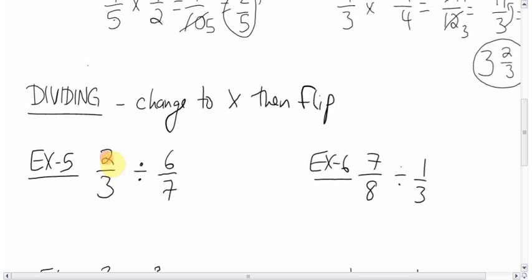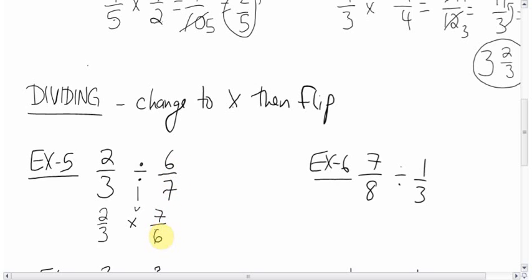Here's what you do. With dividing, you leave the first fraction, 2/3. And like it says here, change the dividing to a multiply. And then you flip the second fraction. 6 over 7, if you flip it around the other way, you'll get the 7 on top and the 6 on the bottom.